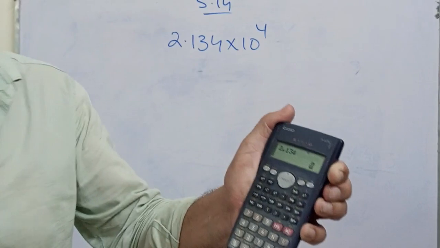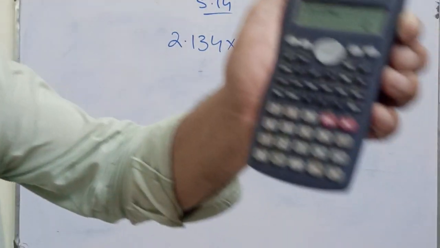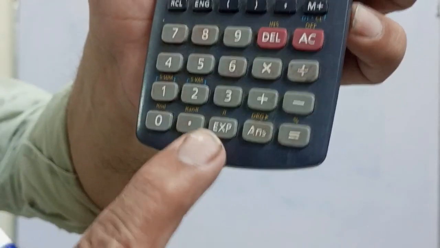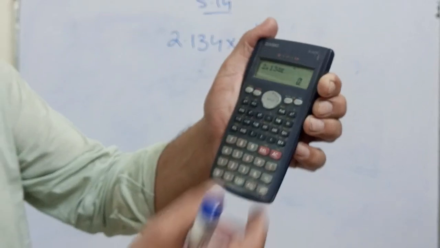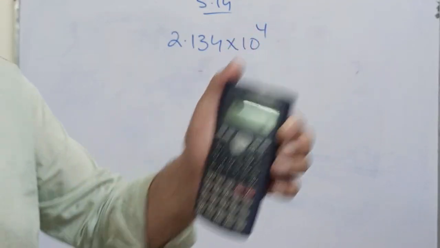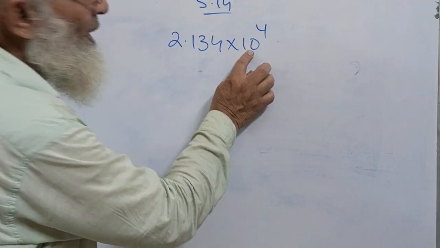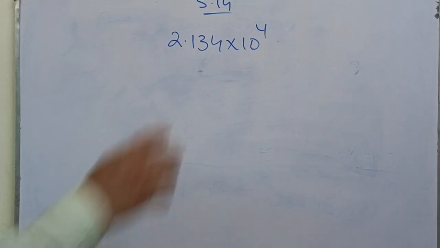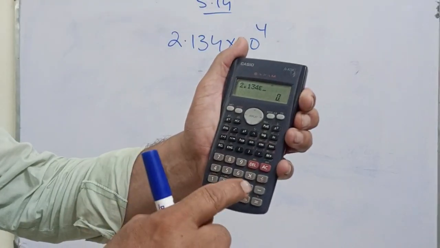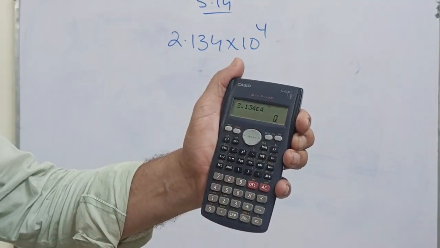Then you see there is a button here, exponential, EXP. Just press it. This E means this part, into 10 raised to, and we write 4 for this. Now this whole procedure has been completed.